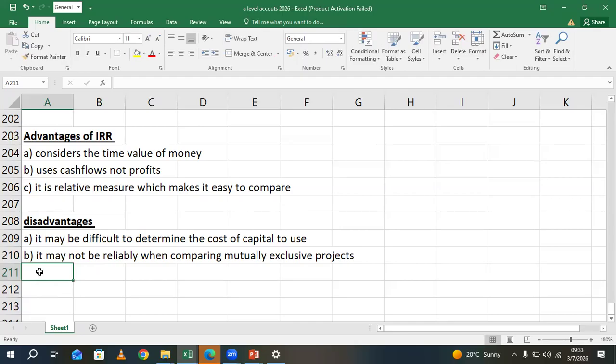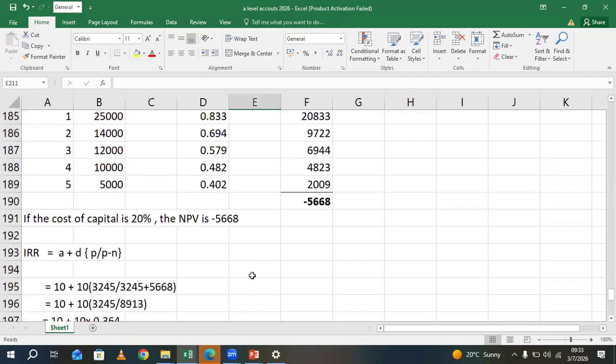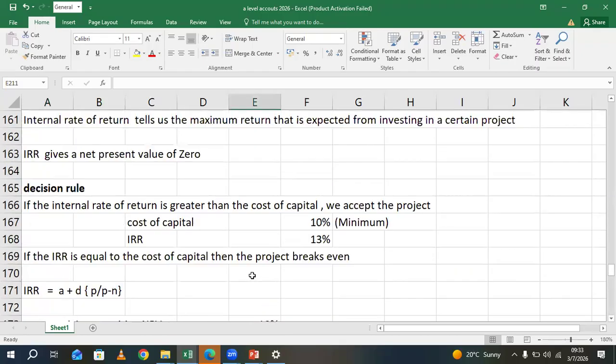So if we are comparing two projects that are mutually exclusive, it means they have no link, so this project does not affect the other. In that case, IRR might not give us a reliable measure of which one is the best. So, we're just looking at two for each.